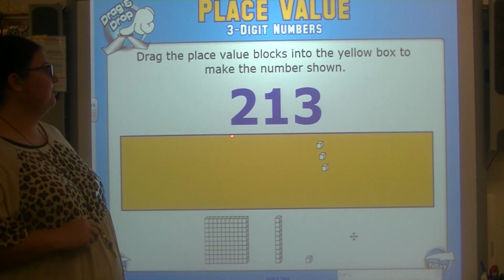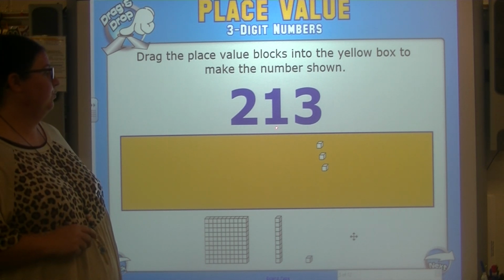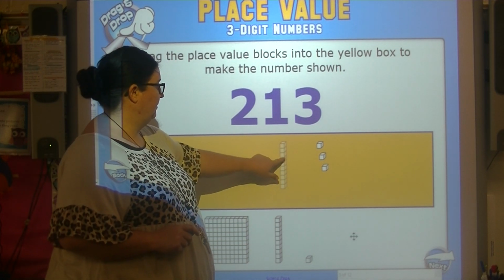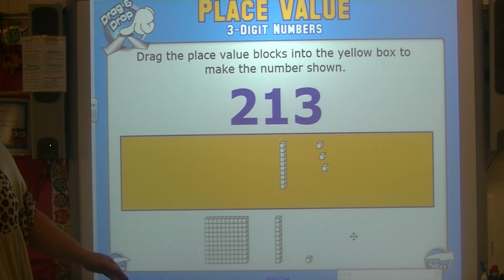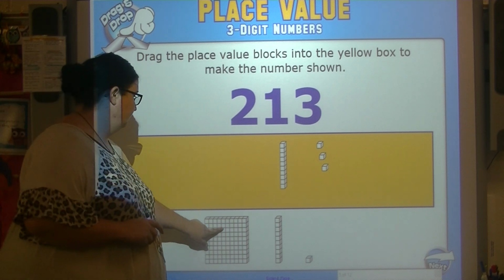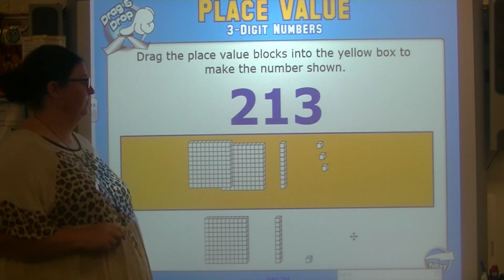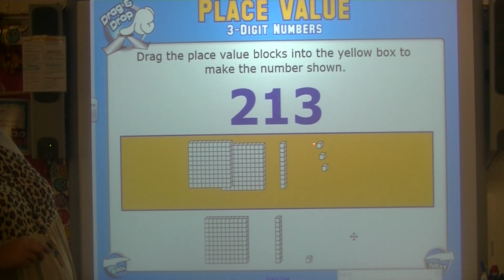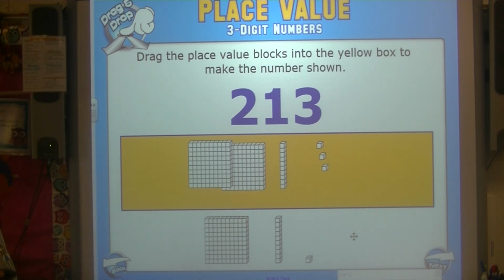In the number 213, how many tens? 1. So how many do I need to bring up? 1 group. And in the number 213, how many hundreds? 2. 1, 2. 2 hundreds, 1 ten, and 3 ones equals 213.